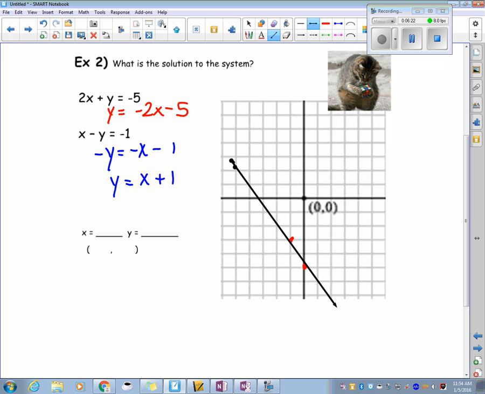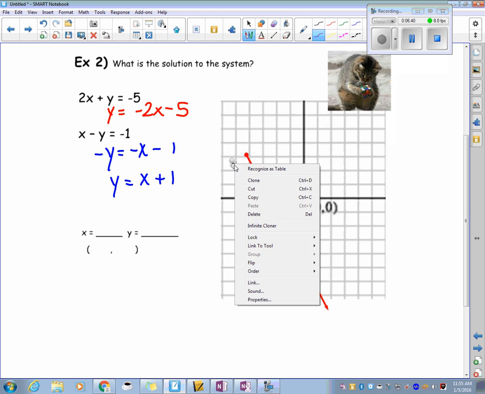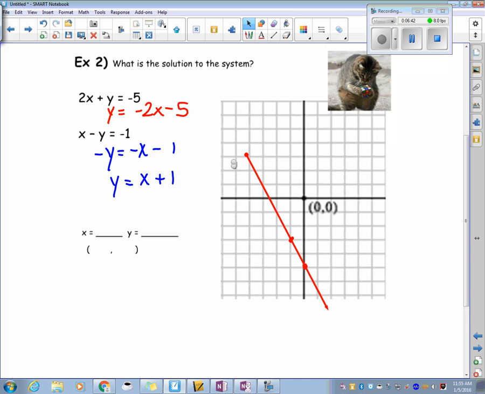That's a little off, so let me see if I can adjust it. It's much easier to adjust it over here. Okay, so there's our line for the red one. Let's see if we can get rid of this extra piece. Let's try the blue one now. So the y-intercept is 1. So that's right here. And the slope is 1, so up 1 over 1.